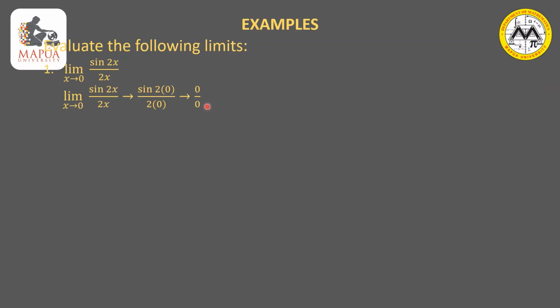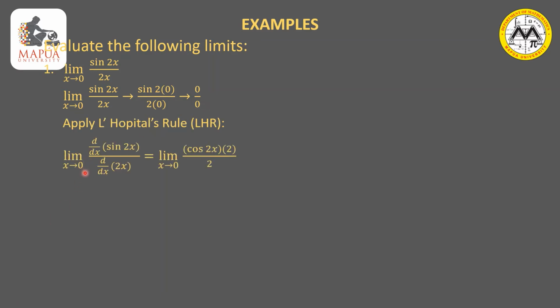Recall from the introduction that we have before we started our discussion on the derivatives, we reviewed about limits. Applying the rules that were given there, the limit of sine 2x divided by 2x as x approaches 0 would be of the indeterminate form 0 divided by 0. As such, we can apply L'Hopital's rule to evaluate the limit.